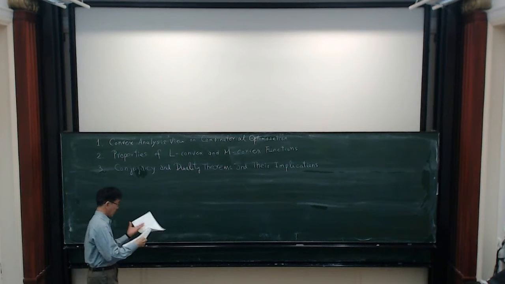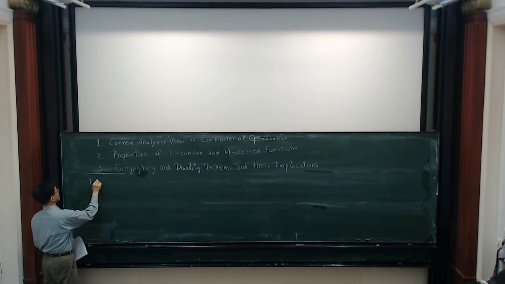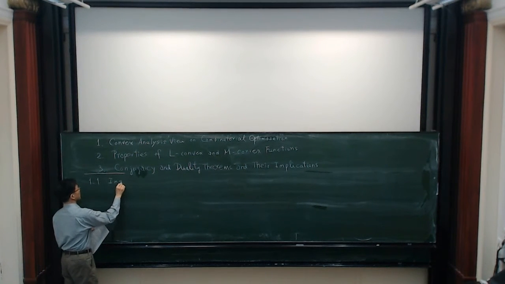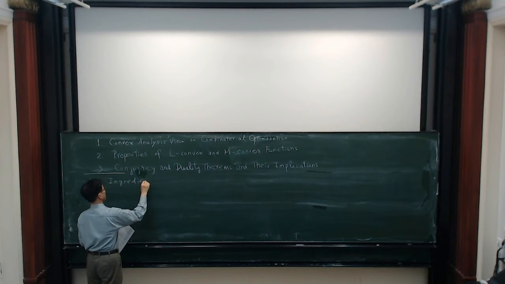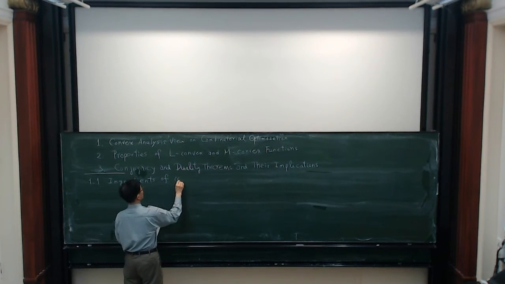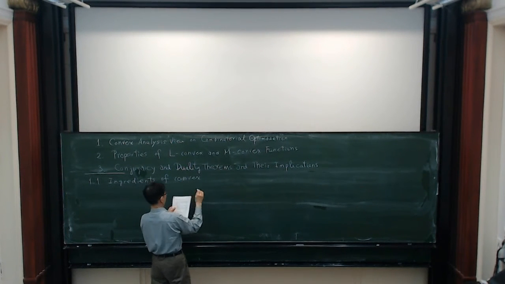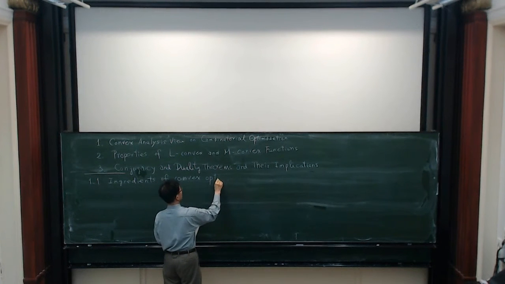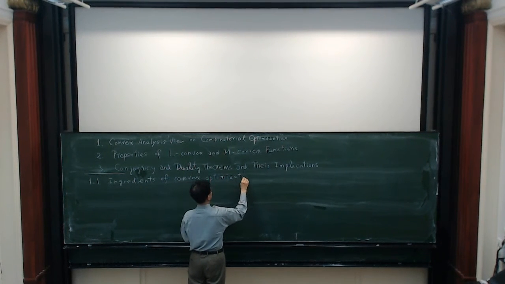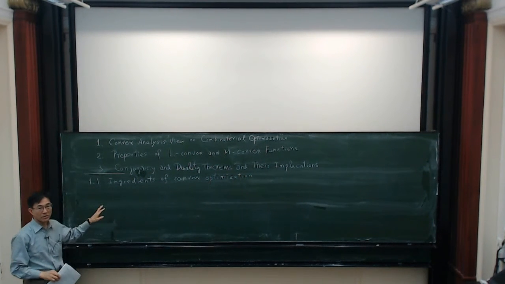So the first section today is ingredients of convex optimization. So I assume that you know what convexity is, but I'm going to single out some features that I'm interested in.